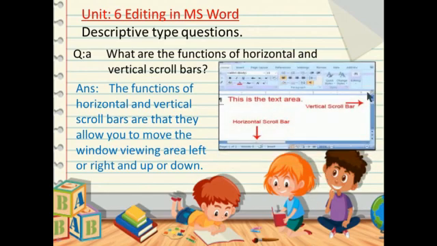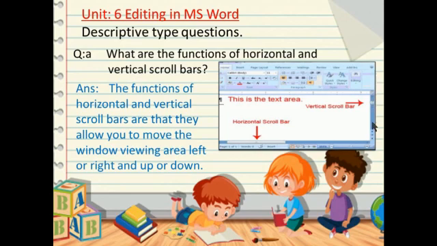Just look here. This is your window screen. This is the vertical scroll bar on this side, and here you have the horizontal scroll bar. If you want to move to the top side of your paper, you have to click and drag it to the top side.